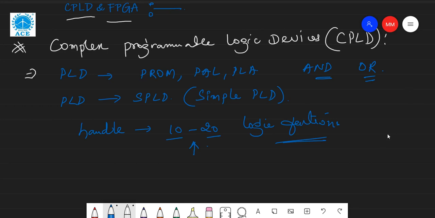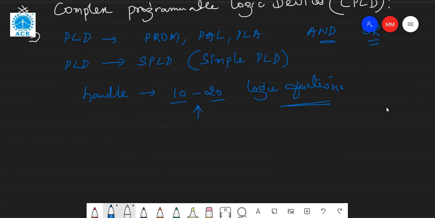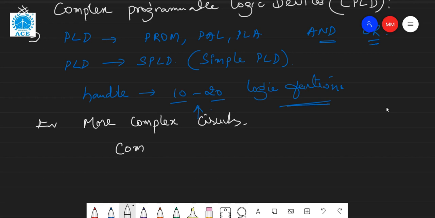So for more complex circuits, generally we can call that circuit a complex PLD, or simply CPLD, right?